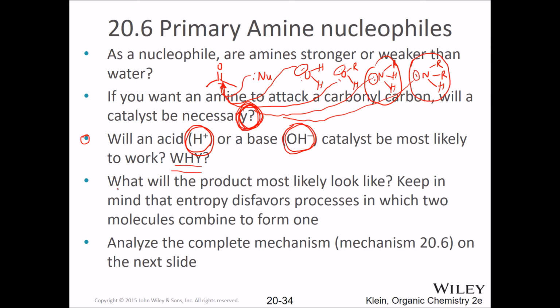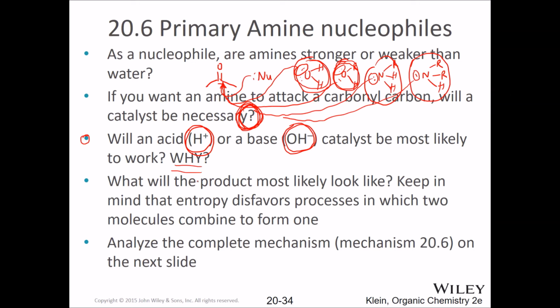What will the product most likely look like? So what are we expecting? When we brought water in and alcohols in, waters and alcohols, when we brought those in, what did we get? We got acetals, remember that? And hemiacetals. All right. Now, what's going to happen if you bring nitrogens in?